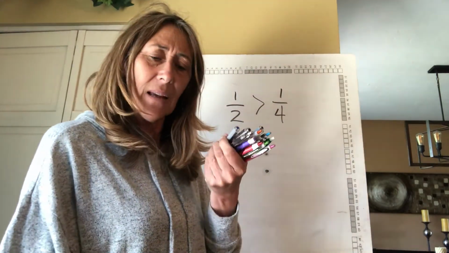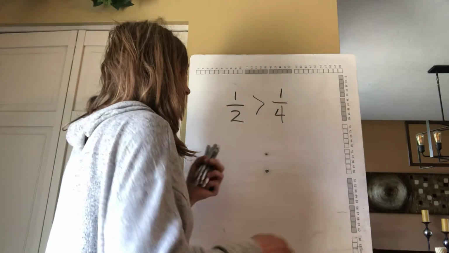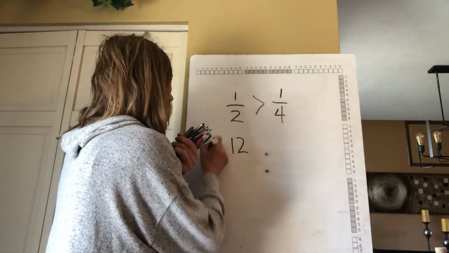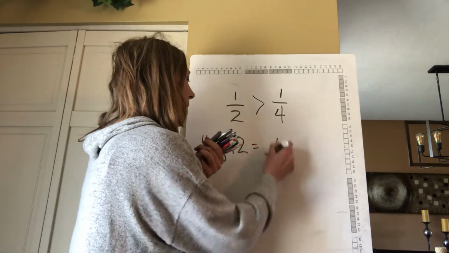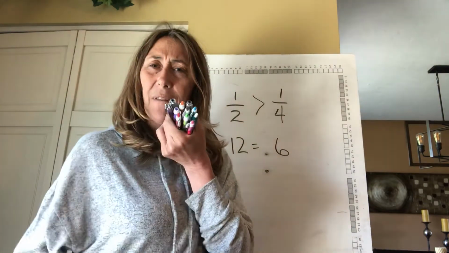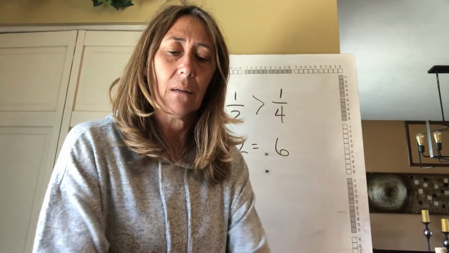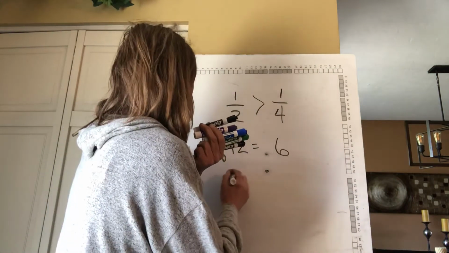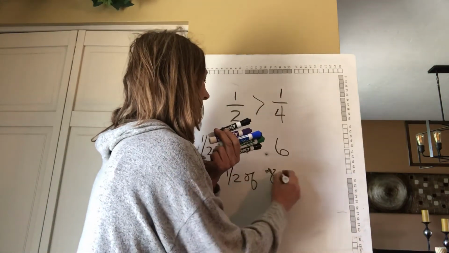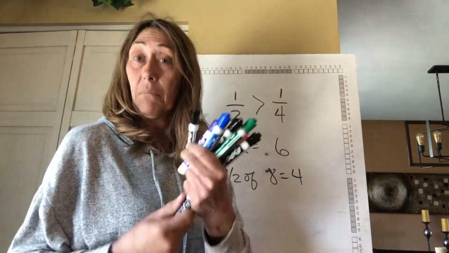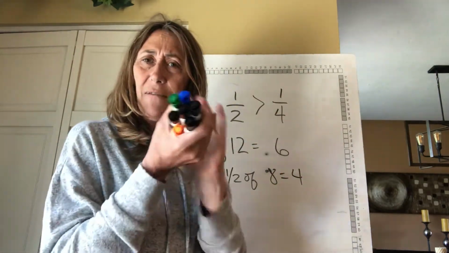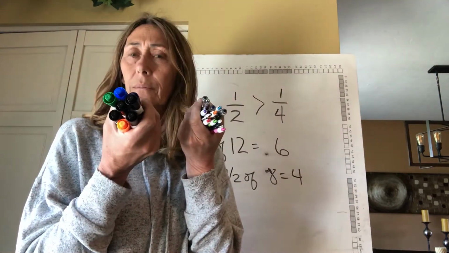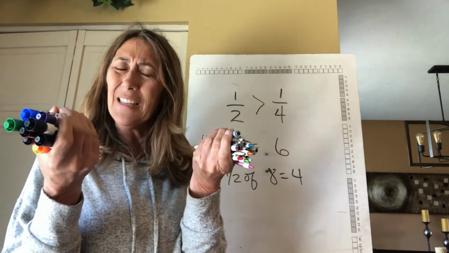Half of my pens are, I have 12 pens. 1/2 of 12 is 6. So half of these would be 6. I have 8. Half of 8 is 4. So this half is 4, and this half is 6. So a half isn't always a half.